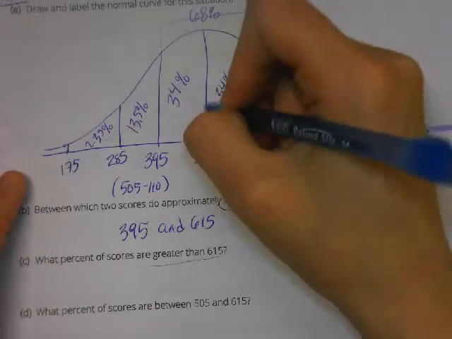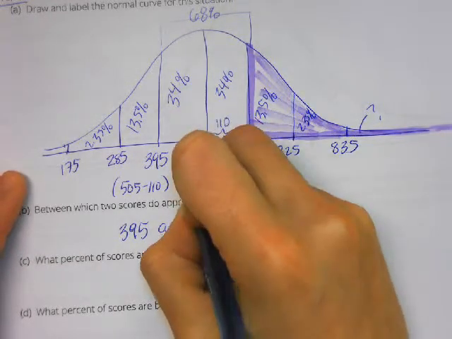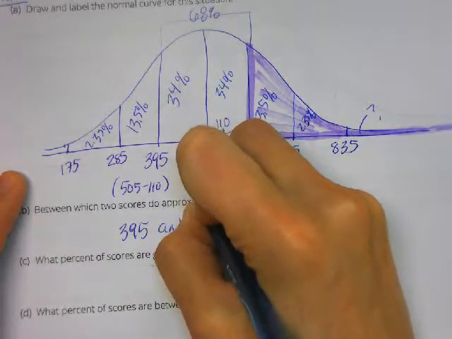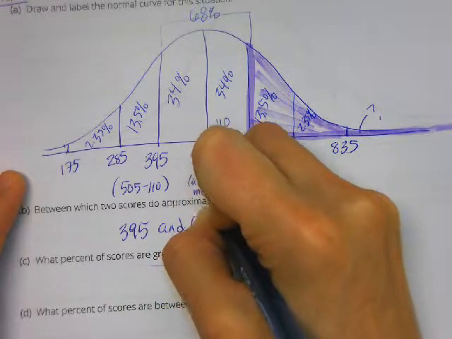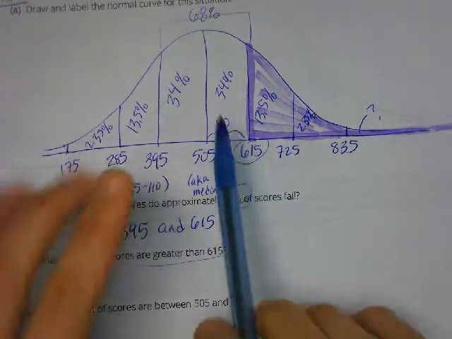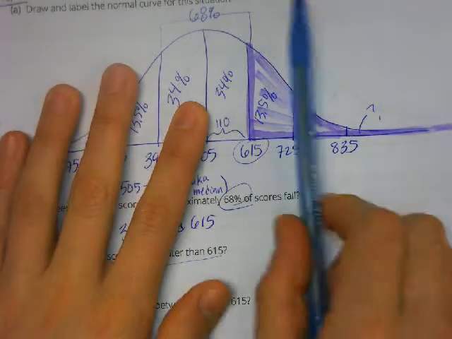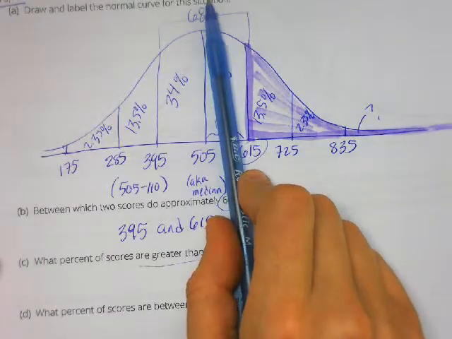This is the mean of the graph. It's also the median of the graph. And what do you know about the median? It divides your data set into two. Half of your data is above the median, half of your data is below the median.